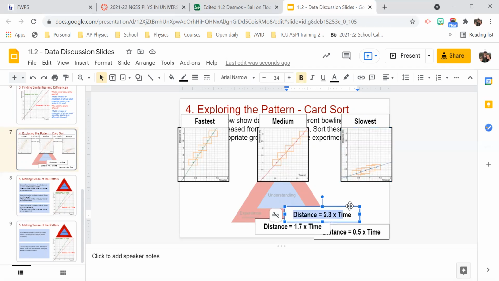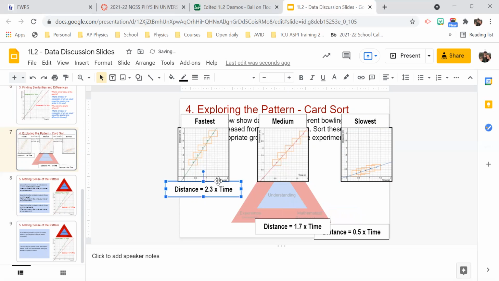So 1 times 2.3 is going to give us a distance of about 2.3. Follow along with me. In this one, we're following where the line is, not where the dot is.